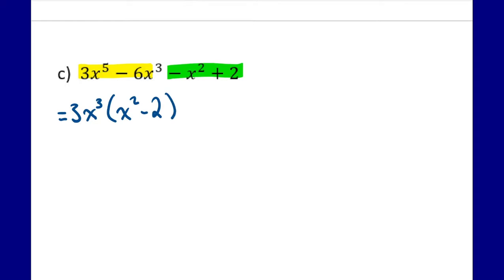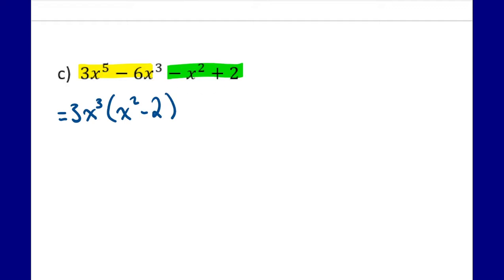And if we look at the second one, there's really not much we can factor between that. But again, our goal now with factoring by grouping is to ensure that I get a product in the second term that has at least the same bracket of x squared minus 2. So how can I get that from looking at the second pair?